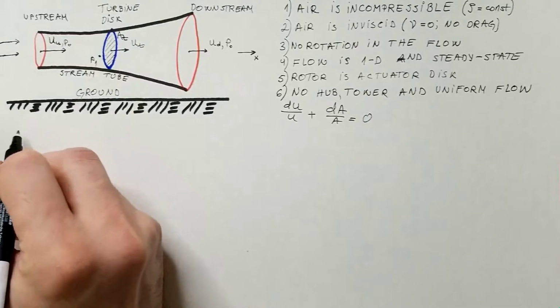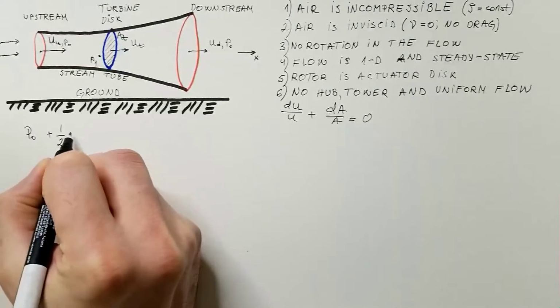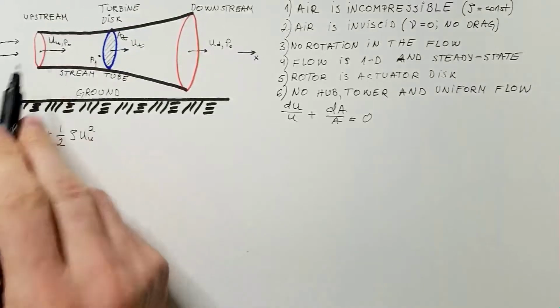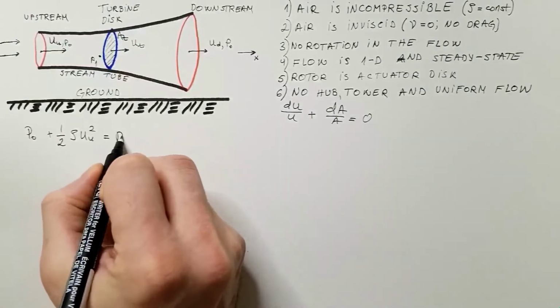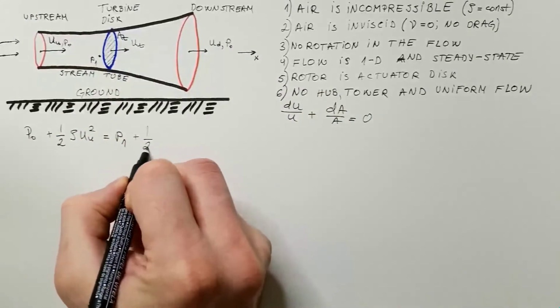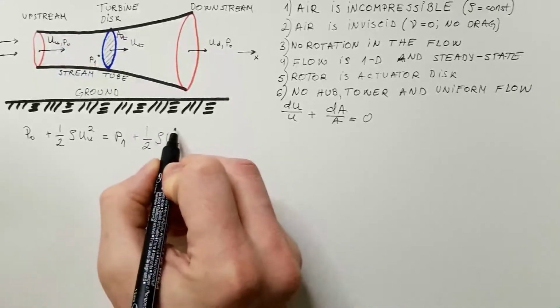That will be P0 plus 1 over 2 rho u upstream squared, that's for this point, is equal to pressure P1 here plus 1 over 2 rho u at the turbine squared.